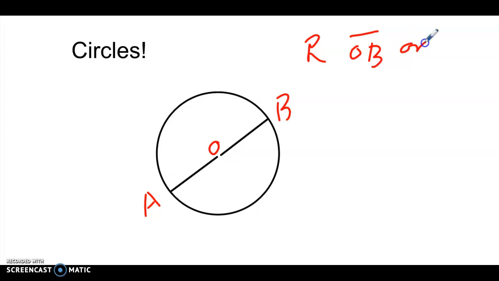Or there's another radius, which is segment OA. And the diameter is from one endpoint to the other endpoint on the circle. So the diameter is going to be segment AB. So this is how we name the radius and the diameter.